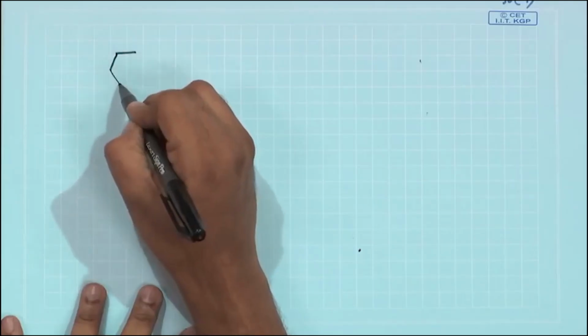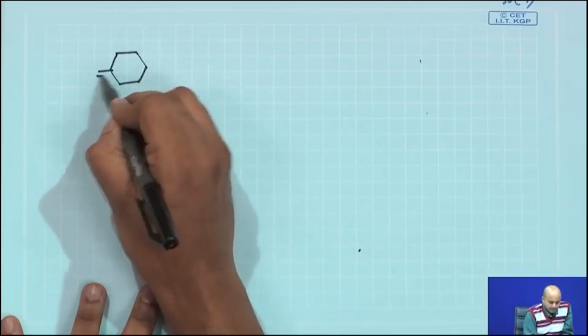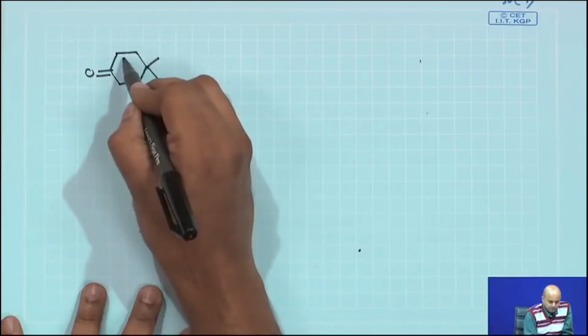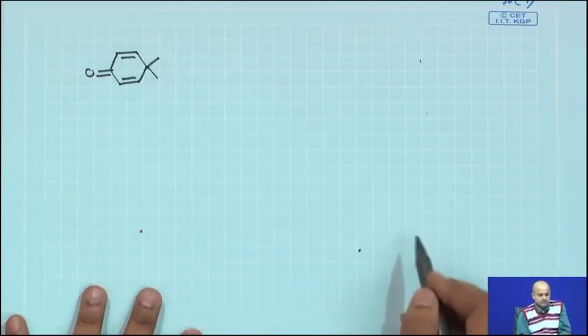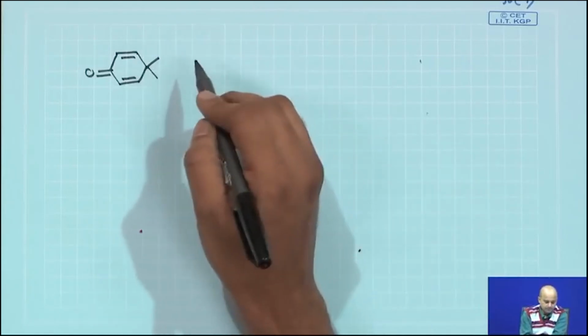Now, for the forward synthesis, we will start from a very simple, straightforward molecule whose structure is this structure. Now, this methyl serves as the bridge dimethyl.